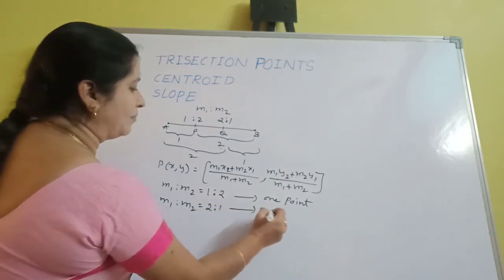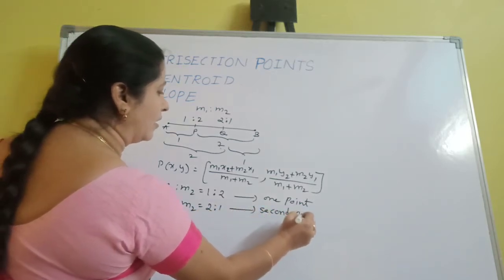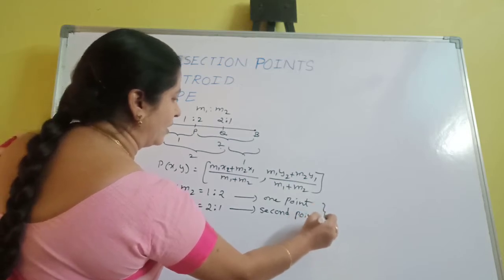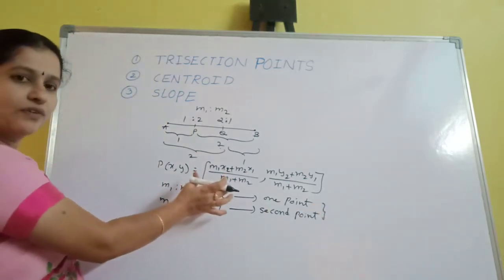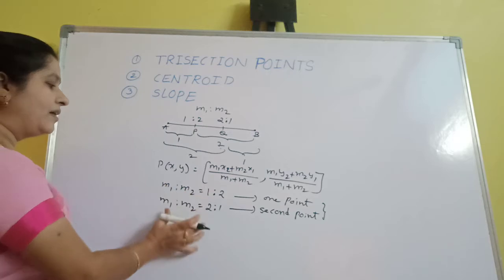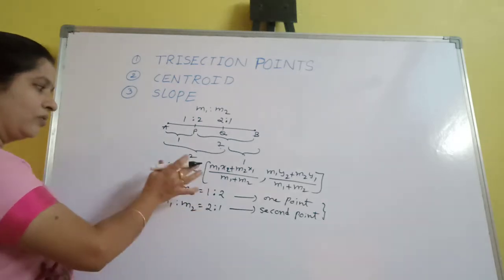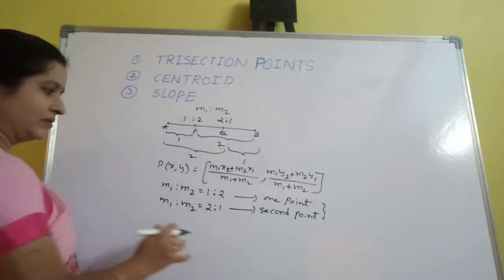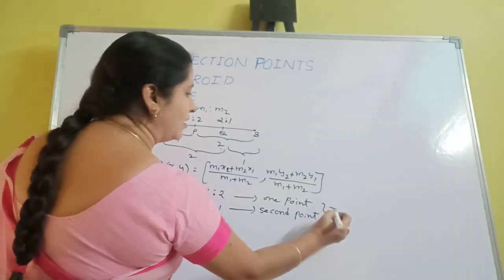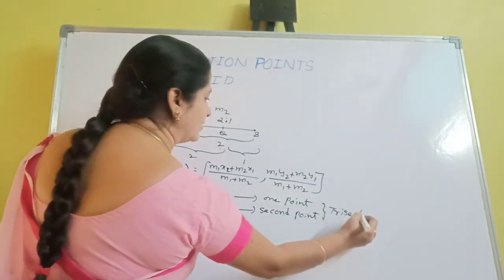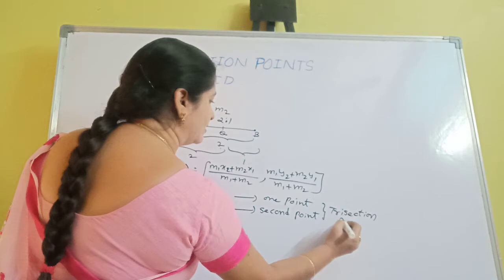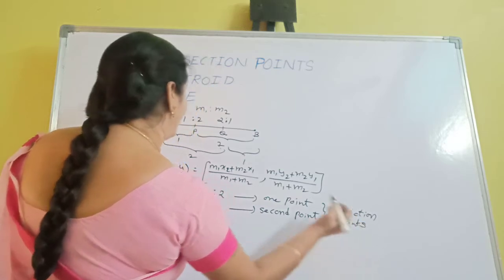Then you get the second point. These two are called trisection points. Substitute the values in this formula. You can easily find the trisection points only by using the section formula.